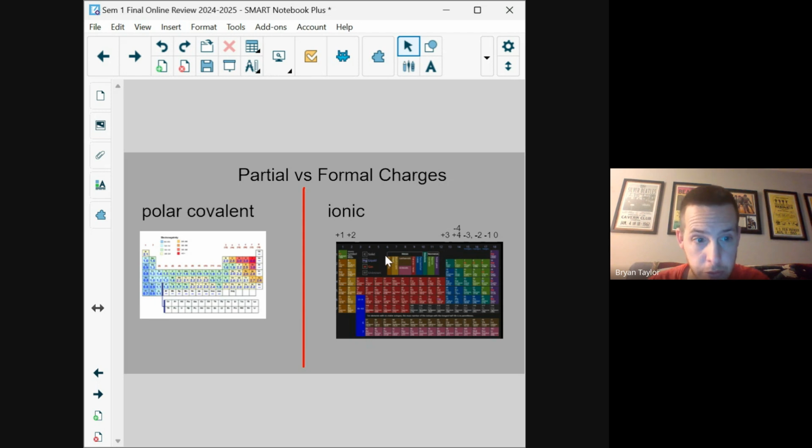So that is literally what we've been talking about. Those are the formal charges. It's literally what we just talked about. Plus means lose electrons, and negative means gain electrons.